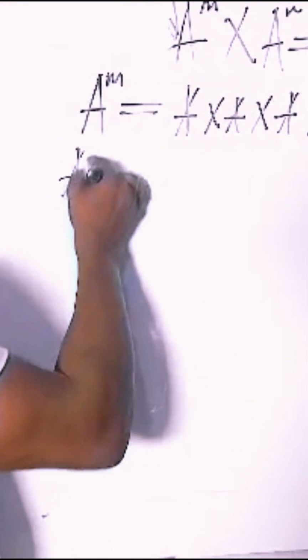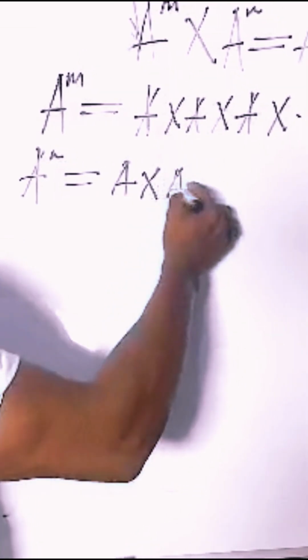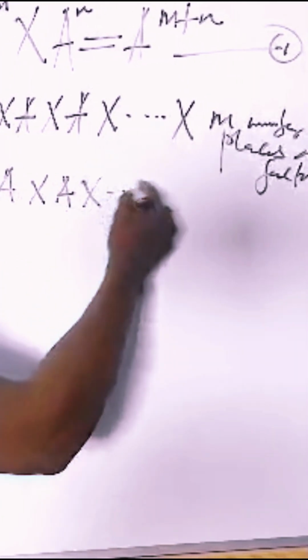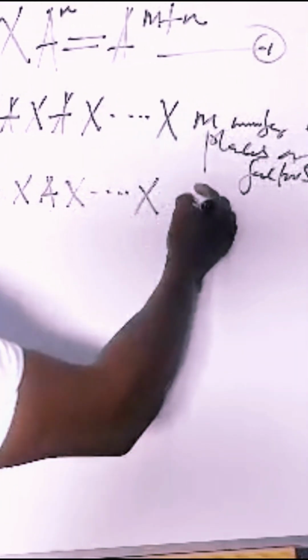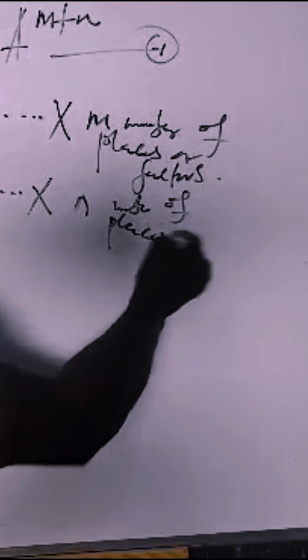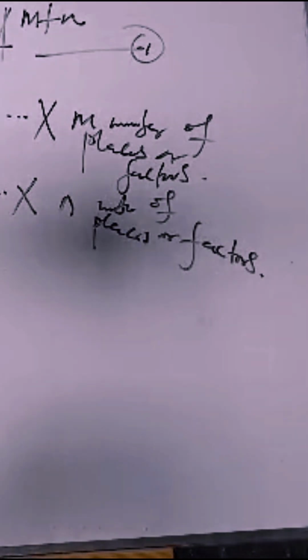Also, a raised by n is equal to a times a times a and so on, times n, which is the exponent here, number of places or factors.